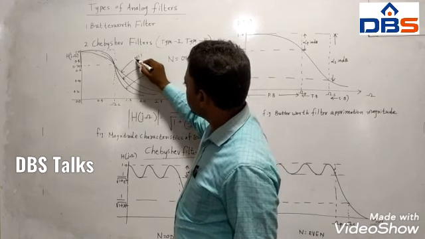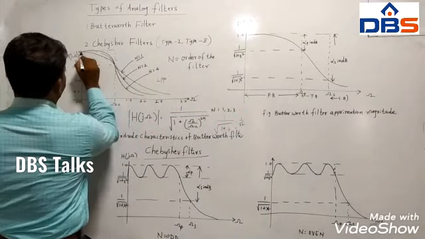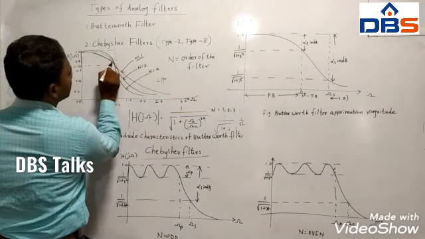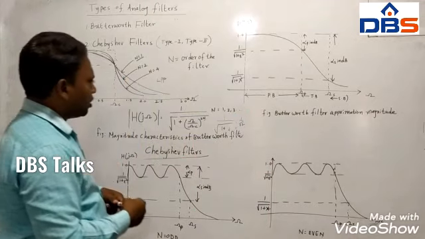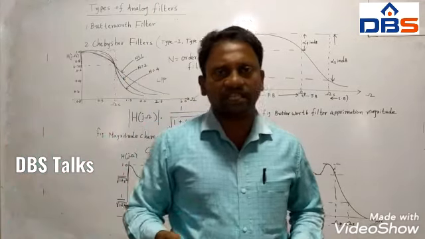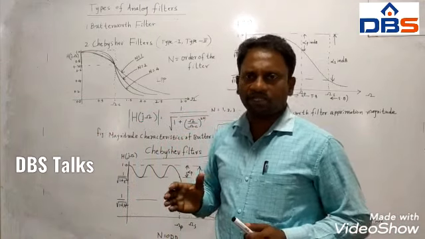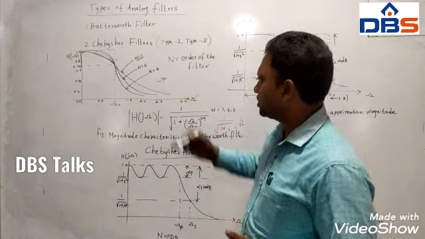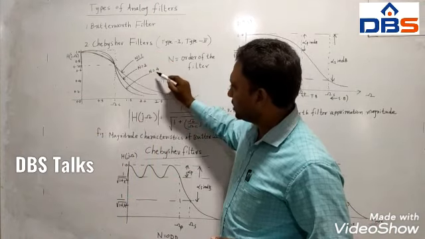As n is 1, you have a response like this. As the n value increases, the magnitude response approaches the ideal response. You see n is 1 here, n is 2, n is 4, next n is 6.